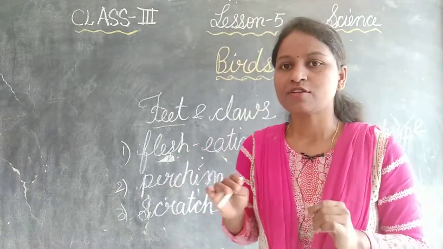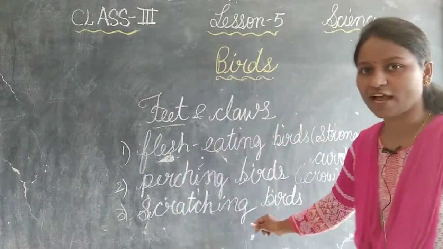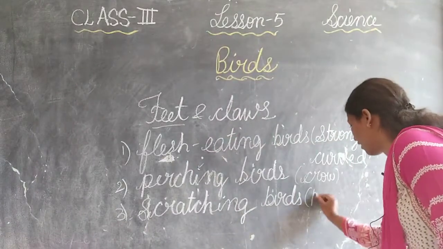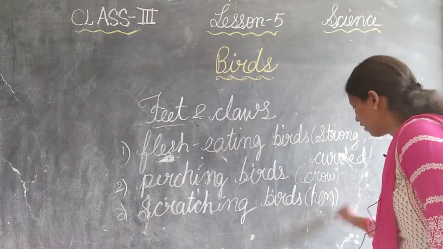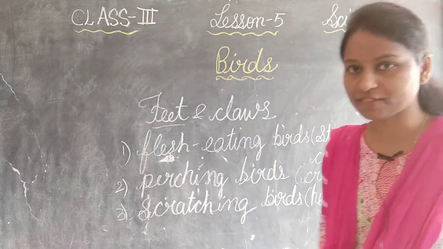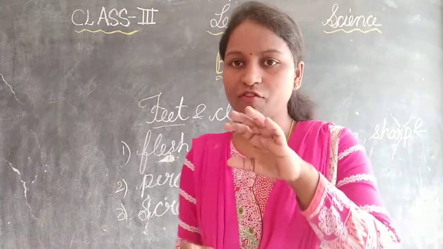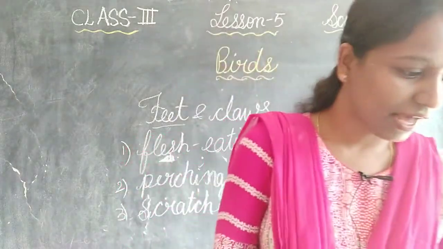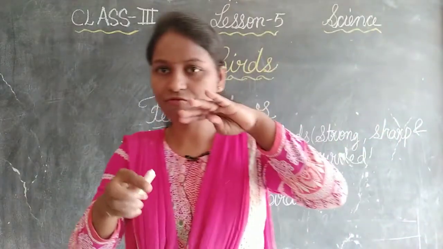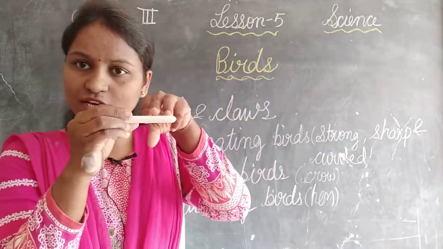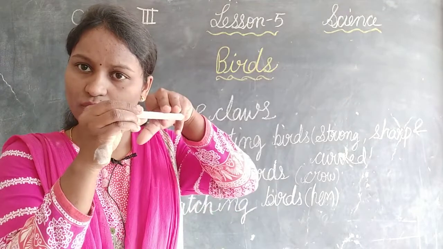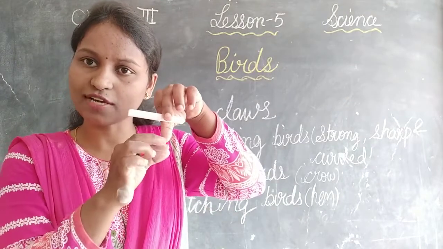So this type of scratching birds, like the hen, how are the claws present? I'll tell you, children. They have four claws: three toes in front and only one toe at the back.